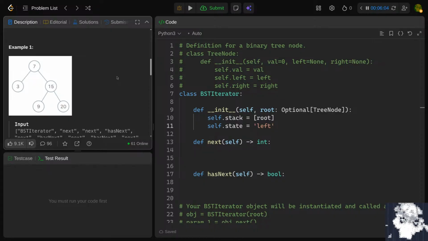We recurse all the way down as far left as we can, and then we yield that node. At that point, we have to say the state. I guess we're never going to say the state is middle, like myself. It's always going to be either left or right.